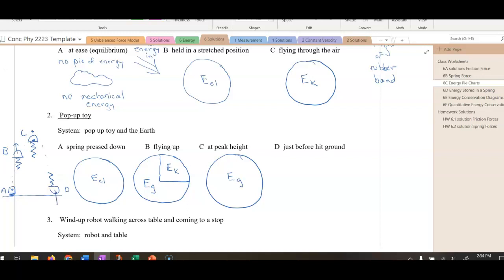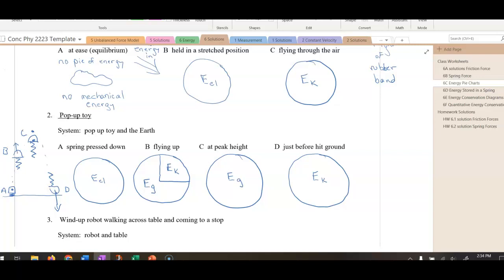So it's moving very fast because it speeds up as it falls. The height is essentially the ground, right? It is just a millimeter, let's say, before it hits the ground. And so I'm not going to show any gravitational potential energy because the height is almost 0, but it is moving fast, and so it's kinetic energy.